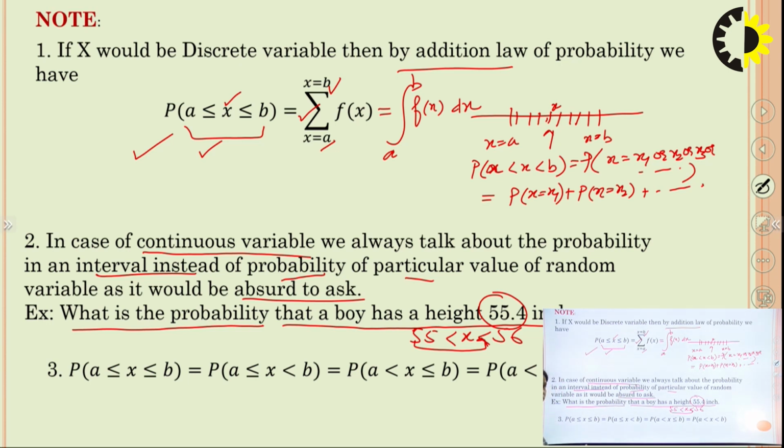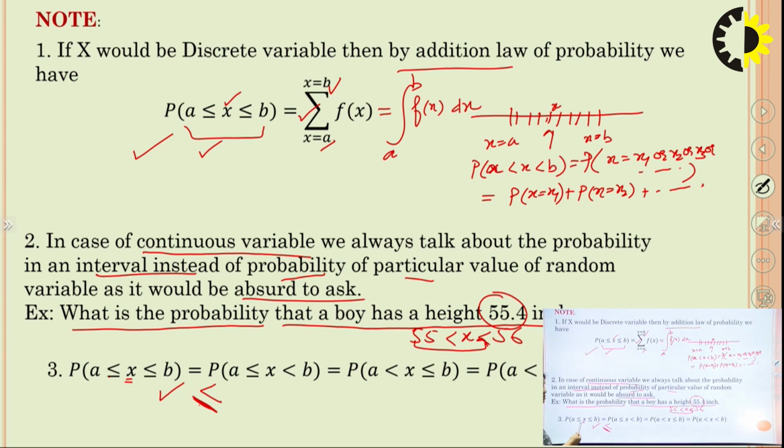And the next one, which is very important to note for a probability density function, is that in case of continuous variable, this equality sign does not matter. You put it or not put it, all these probabilities are equal to each other.